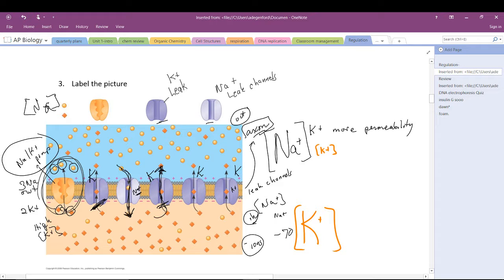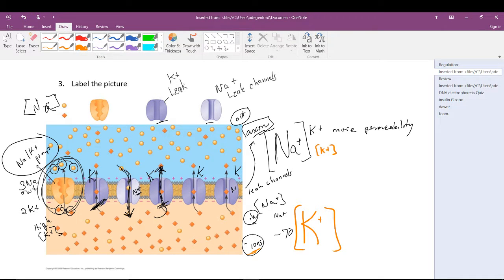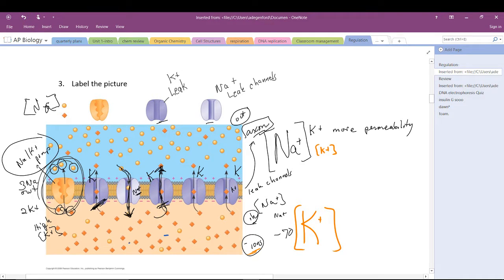Now, because of those negatively charged ions, which don't forget are there, we're going to have an overall negative charge on the inside, an overall positive charge on the outside. So that's due to the sodium-potassium pump using a lot of ATP to provide that difference. But it's also due to those leak channels that create an interesting flux. The ions are drifting in and out, and then the pump is constantly maintaining that.